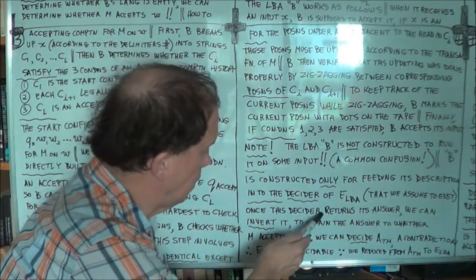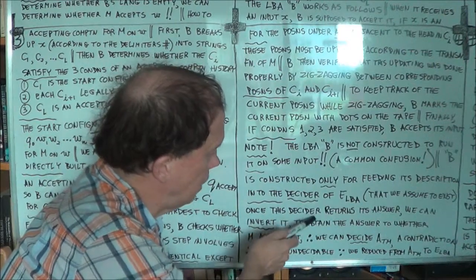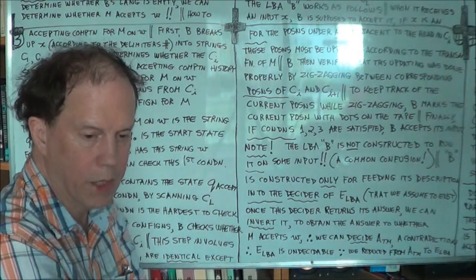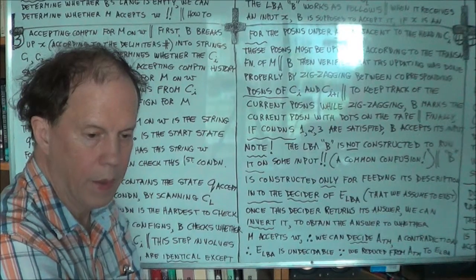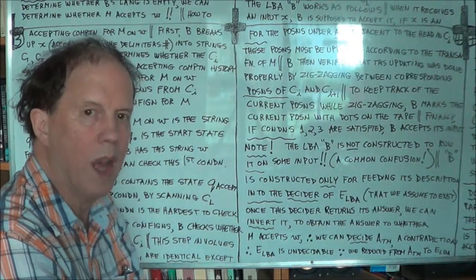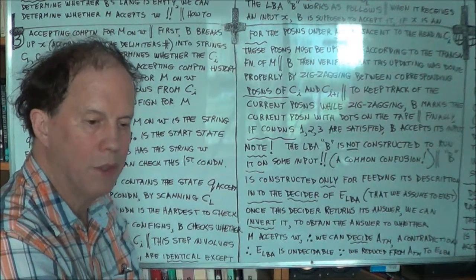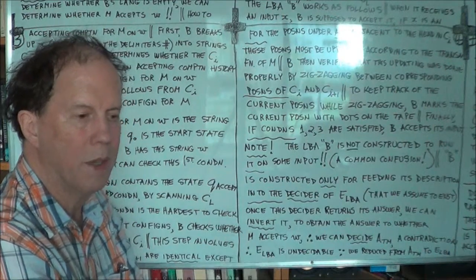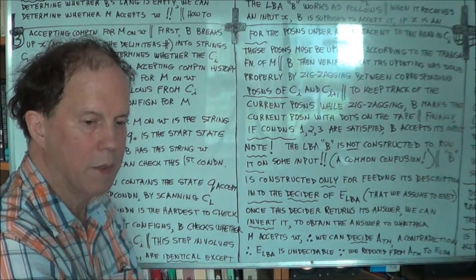And if this Turing machine returns a reject, what does that mean? Well, that means there was one string in the language. That's not zero, so it rejects.